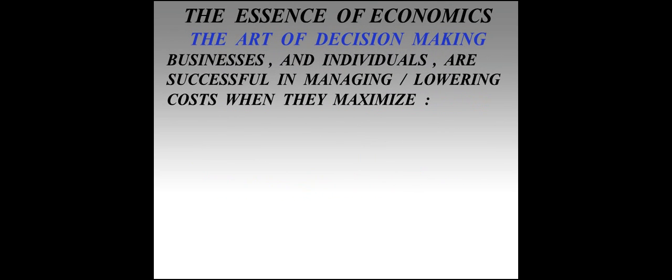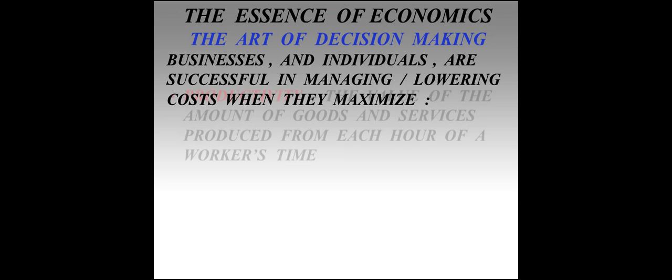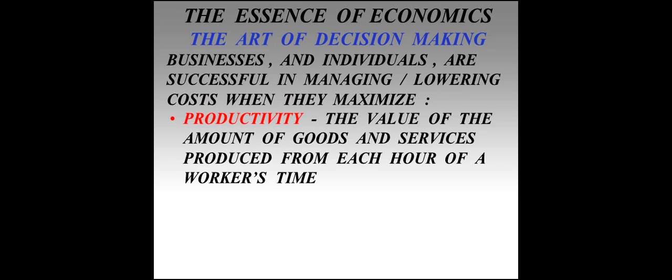As I mentioned a moment ago, when faced with competition, businesses must find a way to lower costs in order to keep their accounting and economic profits up. But in general, whether they face competition or not, businesses and individuals will be successful when they find ways to lower costs. They find ways by maximizing two things. Here's the first. It's productivity.